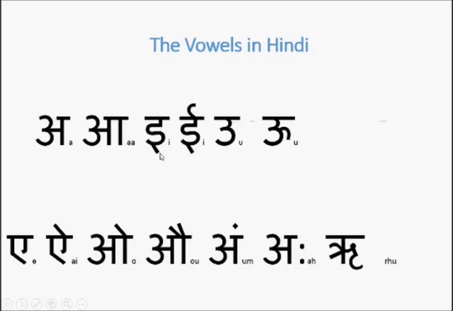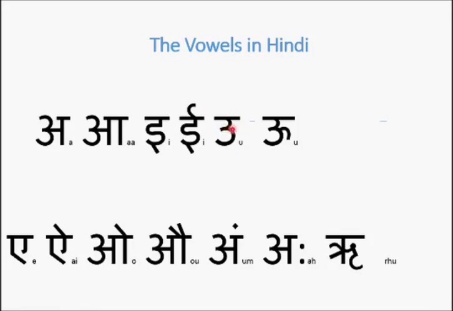Just like how you have a short E and a long E, that is a Raswa E and a Dirgha E, you also have short U, Raswa U, and long U, Dirgha U. How did we make it? A 3 with a sleeping line on the top.